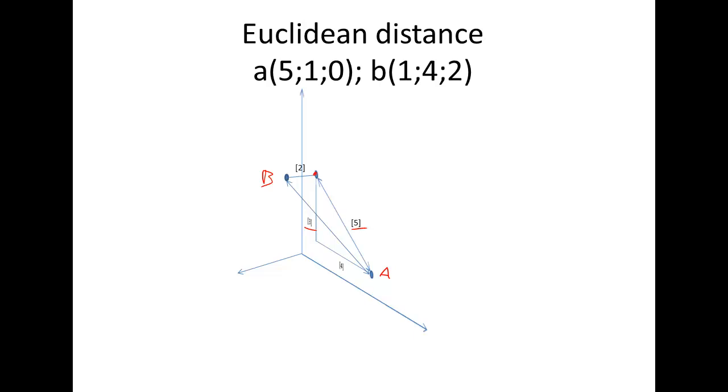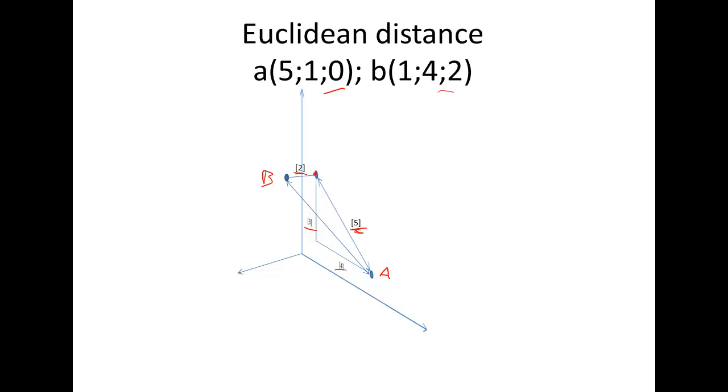Remember, these 3, 4, and 5 gave us the first right triangle. But now that we're in the third dimension z as well, we're going to take this straight line 5 here, then take this straight line 2, that's the difference along the z-axis, because 2 minus 0 is 2.